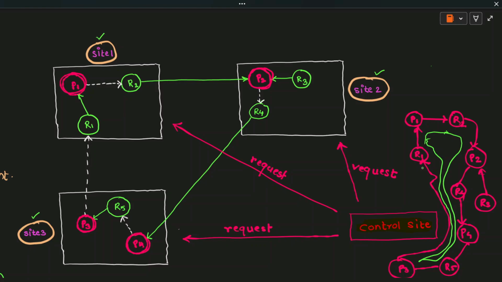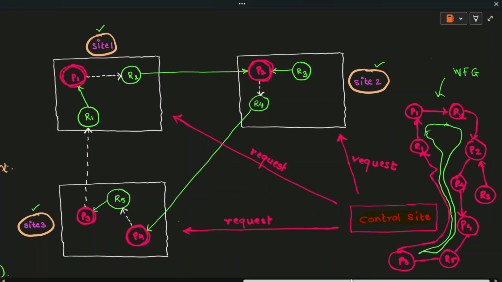That is the role of the control site. The Ho-Ramamoorthy two-phase algorithm works in two phases. In the first phase, it collects the information from all the sites running in the distributed environment, and then after getting the exact information, it constructs the wait-for graph, and on the basis of this wait-for graph, it finds out whether the system contains a deadlock or not.